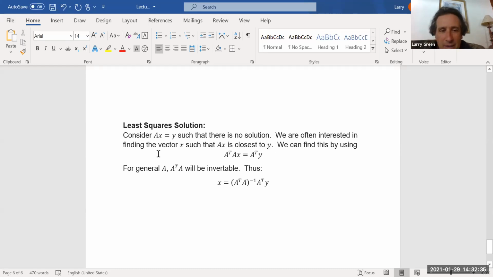What we want to do is find not the solution, because there may not be a solution, and there's often not a solution. We want to find, of all the different vectors AX, which one is closest to Y? Any questions on that idea?